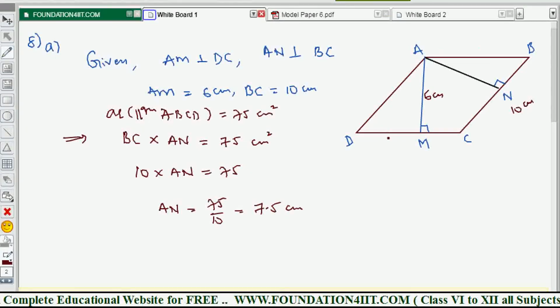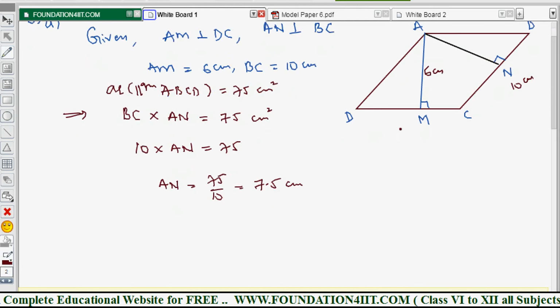To get AB, we can find DC. Again, if the base is DC, DC into the height AM is again 75 centimeters square. AM is given. In the place of DC, you can take AB because opposite sides are equal in a parallelogram. AM is 6, so AB into 6 is 75.